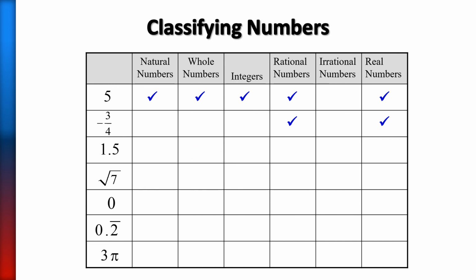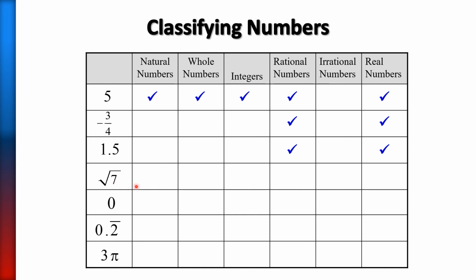Is it a rational number? Yes, it is, because this can be read as 1 and 5/10, because this is the tenth place. So 1 and 5/10. If you're rational, you can't be irrational, so we don't check that. And yes, it is a real number.